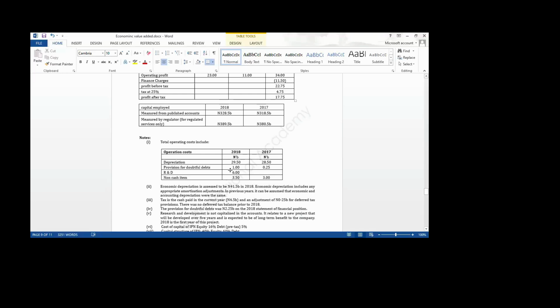Look at the amount affecting income statement, 1 million. Look at the statement of financial position, 2.25. Note number 4. Research and development cost is not capitalized in the accounts. It relates to a new project that will be developed over 5 years, and it's expected to be of long-term benefits.